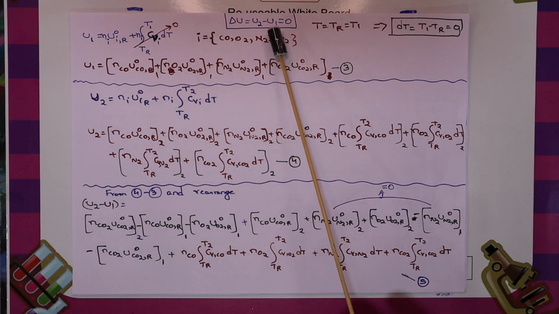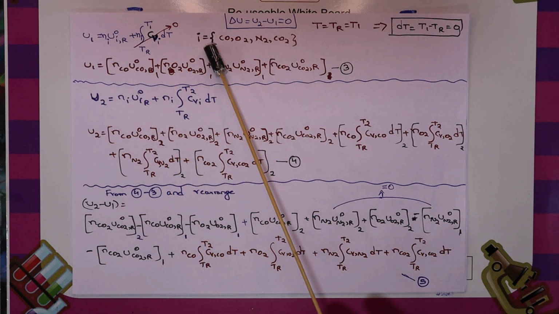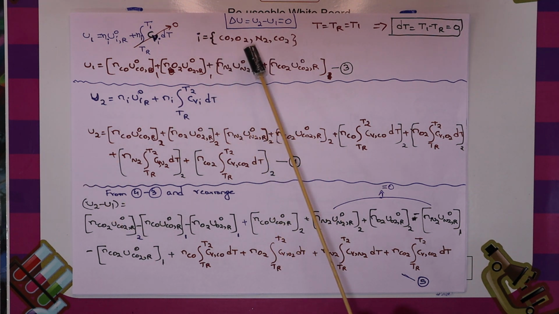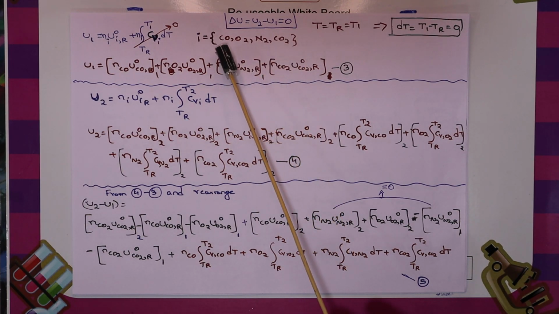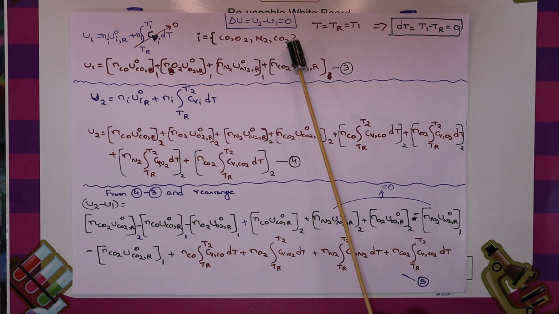That means to estimate the internal energy of the system in state 1 is simply with the first term. What is i representing? i is representing the 4 molecules, because at any point of time these 4 are present. So what are these 4? Carbon monoxide, oxygen, nitrogen, and carbon dioxide.